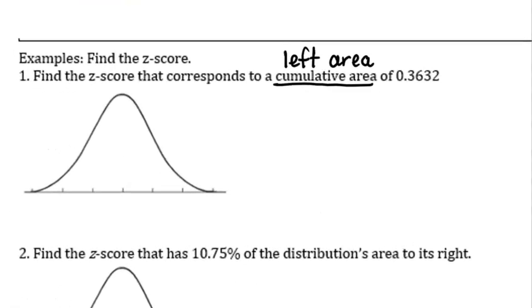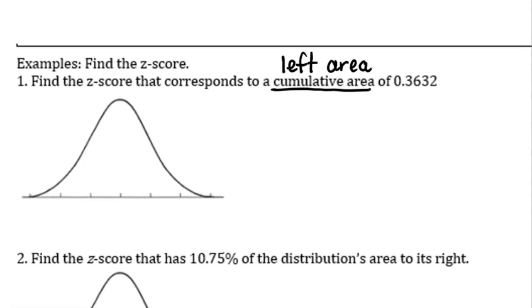Now let's talk really quickly about where to even put the line down, because I know I want to have a left area of something, but is the left area over there, or is the left area maybe all the way over here? You have to pay attention to this number, 0.3632. That is less than a half. That is less than 0.5.